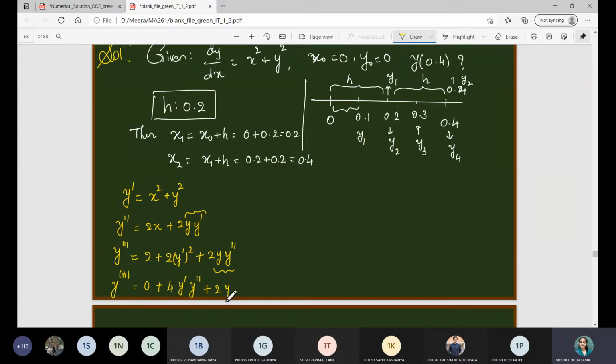So 2 times the derivative of y, y', y'' as it is, plus 2y as it is, and the derivative of y'' is y'''. Now you can see that we can simplify these two terms: 4 plus 2 is 6. So 6y'y'' plus 2yy'''.